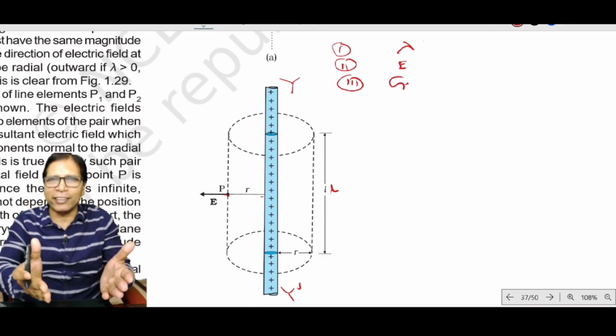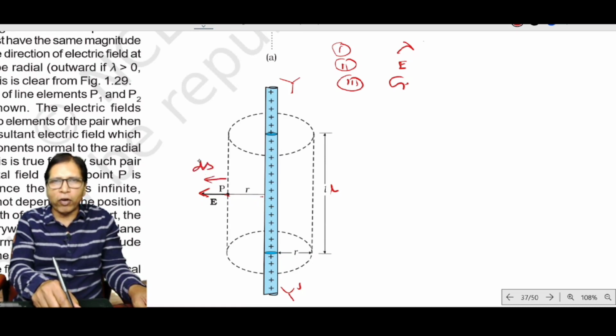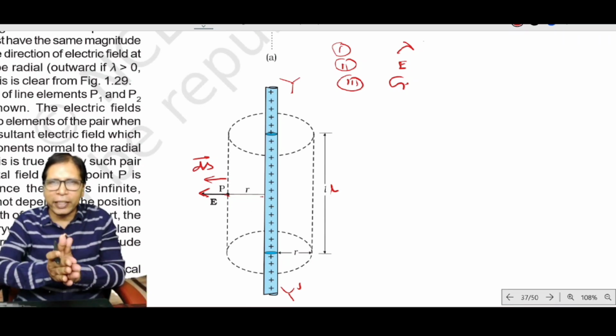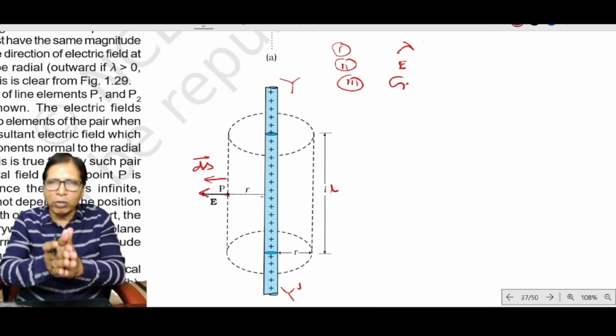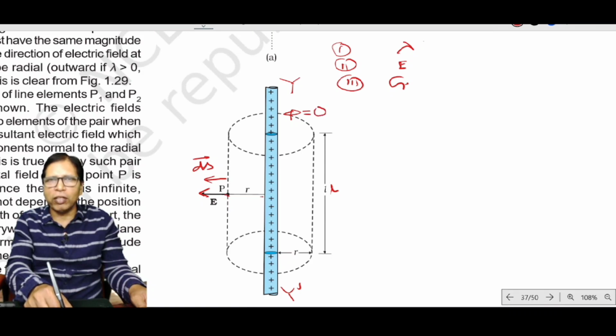So on the curved surface, E vector is parallel to ds vector. And on the flat surfaces, E vector is perpendicular to ds vector. As E vector is perpendicular to ds vector, the flux on the flat surface is 0.